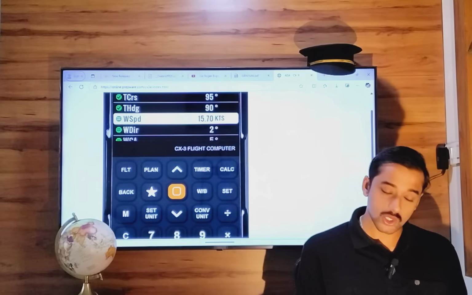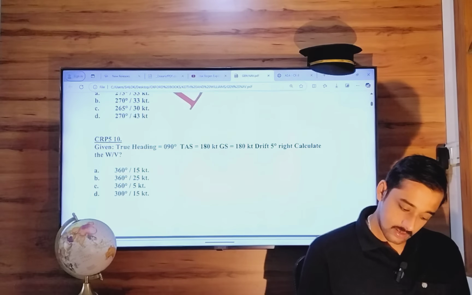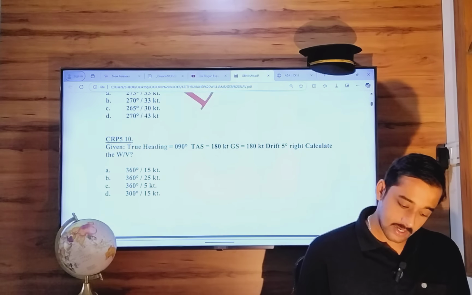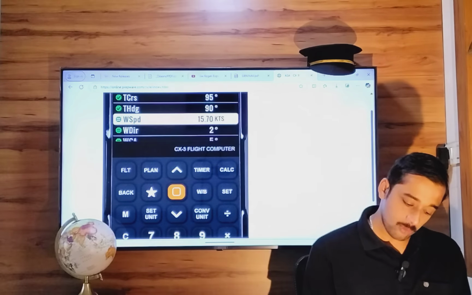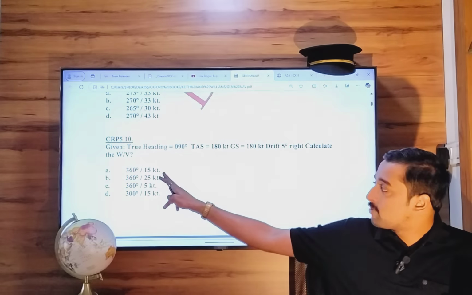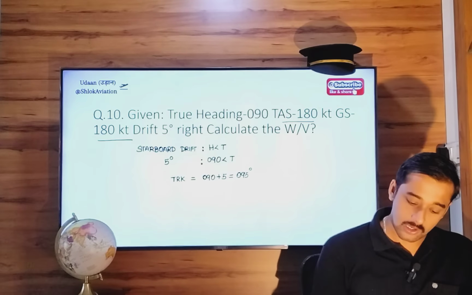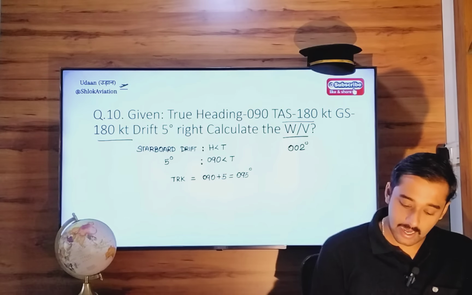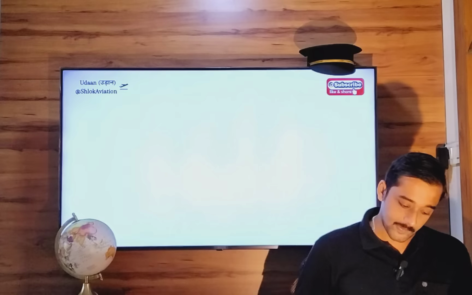Let me check the question. True heading 90, TAS 180, drift 5 degree. Okay, so wind velocity will be approximately 360 at 15.7 knots. So the correct option will be option A, 360 at 15 knots. Okay. So wind velocity is 002 degree at 15 knots. Closest option is 360.